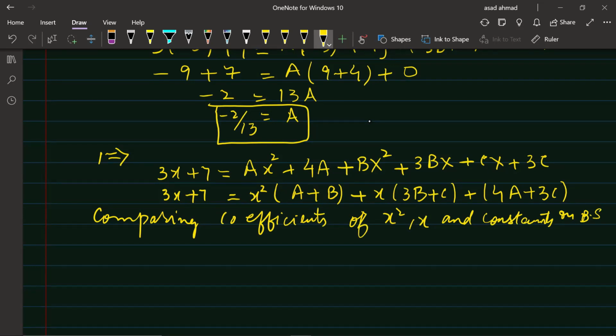So once we compare, because we don't have x square on the left hand side, you can write it as 0 x square and then compare the coefficient of x square on both sides.